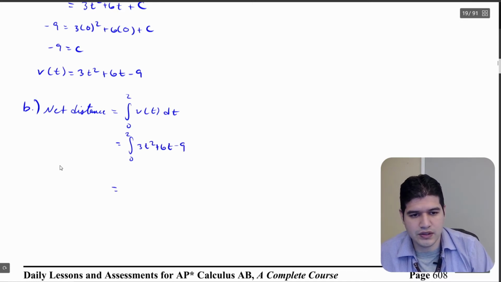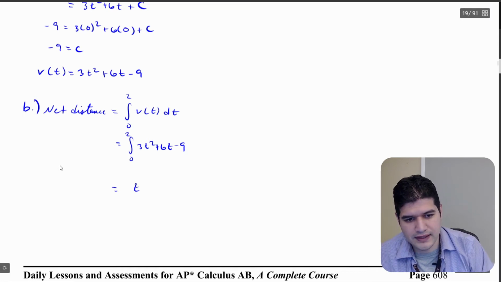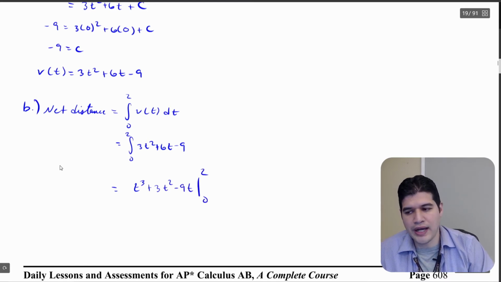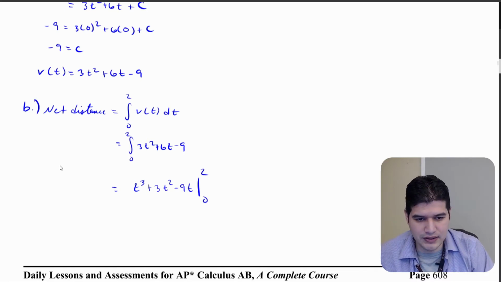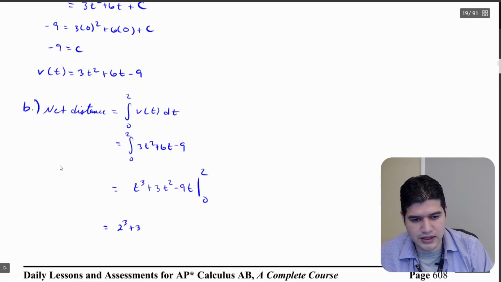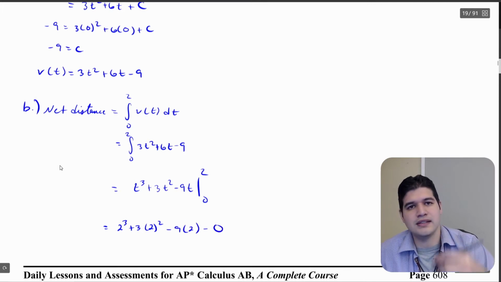And then this is going to be equal to t cubed plus 3t squared minus 9t, evaluated from 0 to 2. So I don't really need to do the minus 0, but I'm going to show it here, that we get 2 cubed plus 3 times 2 squared minus 9 times 2 minus 0.